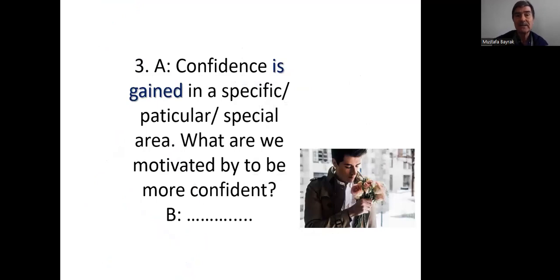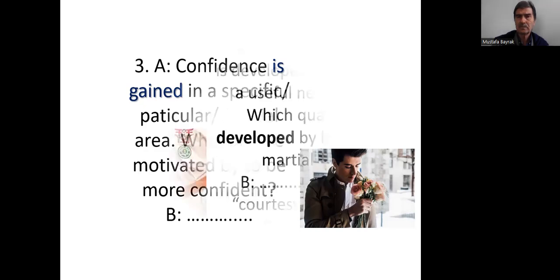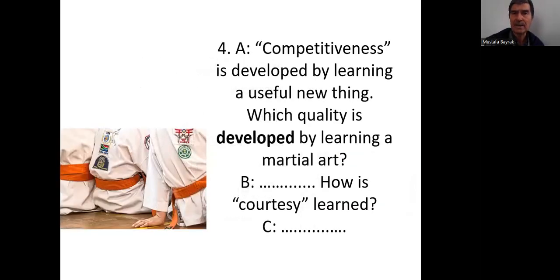3, confidence is gained in a specific or in a particular, in a special area. What are we motivated by? To be more confident, we are motivated by the human good qualities. Or we are motivated by the beauty to be more confident. 4a, competitiveness is developed by learning a useful new thing.